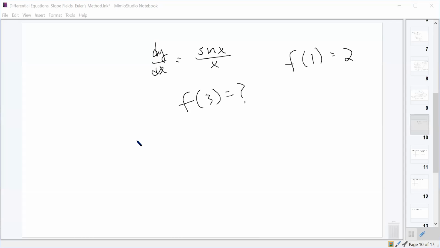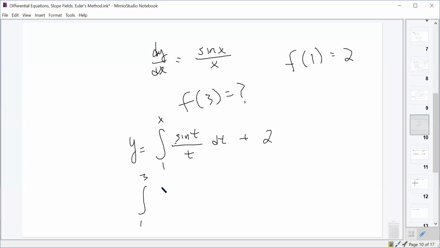Cool. So hopefully you wrote this out as y equal to the integral from 1 to x of sine of t over t dt, since we had 1 that we were going to plug in, and then the constant that you'd end up with is 2. And so you just evaluated the integral from 1 to 3, sine x over x dx plus 2.